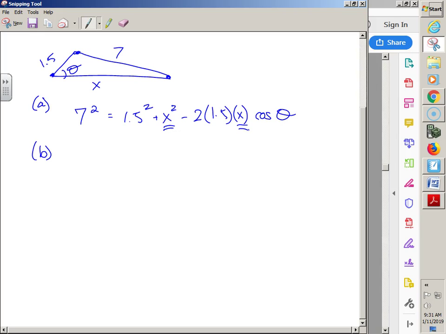Someone in your calculator, real quick: what's 1.5 squared minus 49? I'm subtracting 7 squared from both sides. It combines with the 1.5 squared. What do you get? Now, do you see a quadratic?